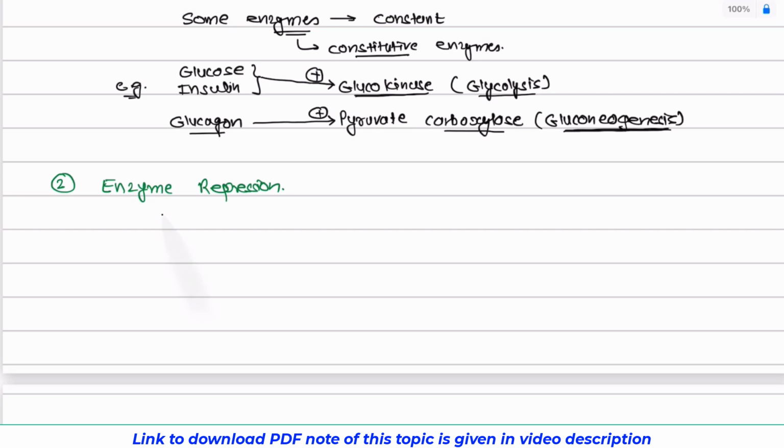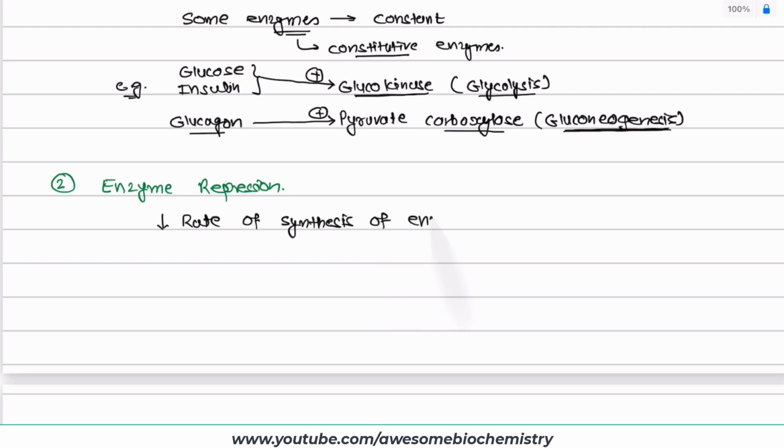What does it mean? That decreased rate of synthesis of enzyme is called enzyme repression, and this is carried out by some special molecules, and these special molecules are called repressors. So repressors are the molecules which bring about decreased rate of synthesis of enzyme. Here also we have two examples of the opposite pathway.